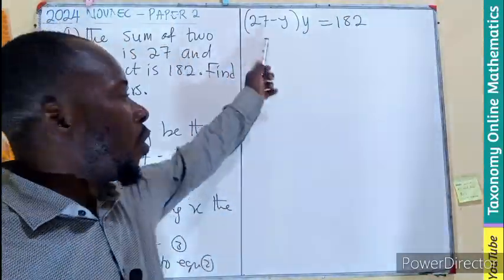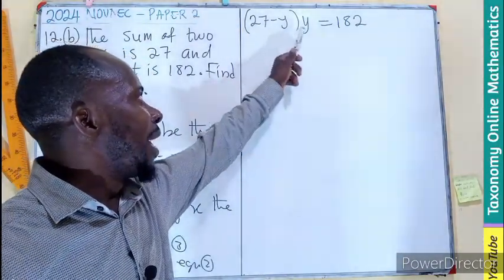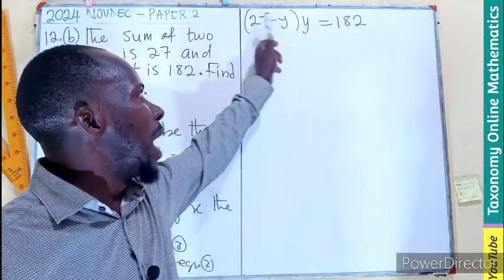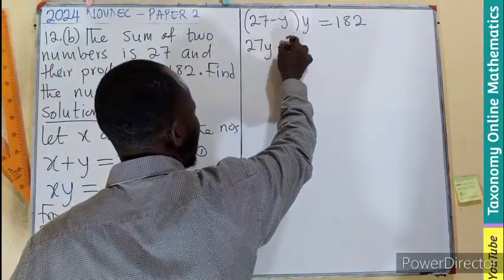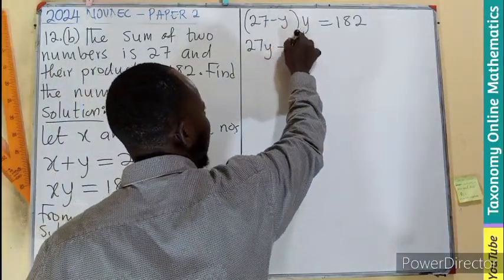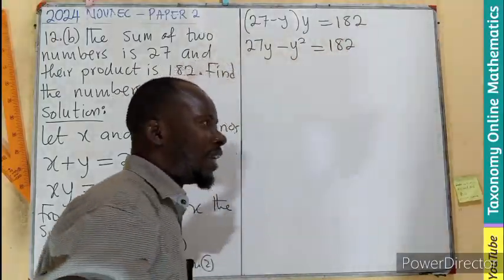So this has only one variable, so we can easily find the unknown. By expanding the bracket, y will multiply 27 to give you 27y. Y will multiply y to give you y squared, and that will equal 182.